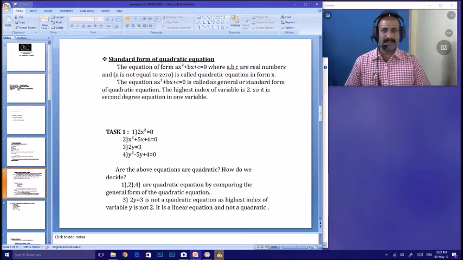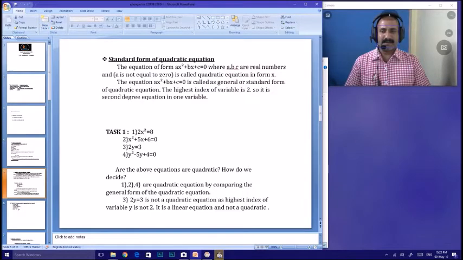The equation ax square plus bx plus c equals 0 is called the general or standard form of the quadratic equation. The highest index of the variable is 2, so it is a second degree equation in one variable. Let us now see the task first.